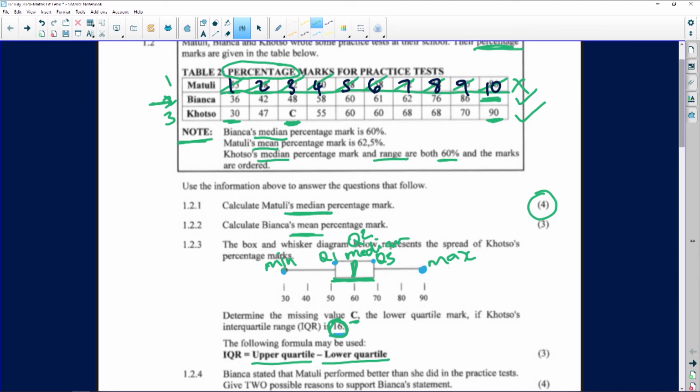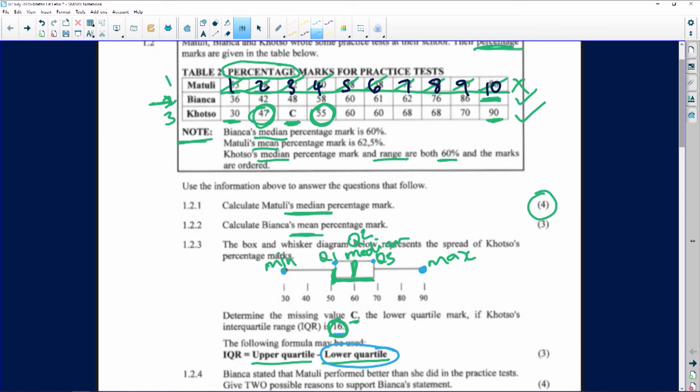C is between 47 and 55, so whatever I am finding is between 47 and 55. It means that I am finding Q1, my lower quartile. Let's see if I can find my upper quartile, which is Q3.